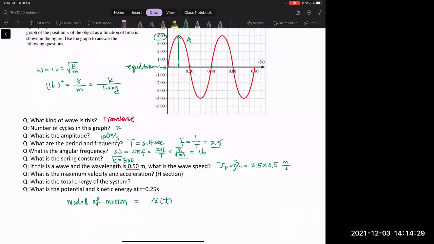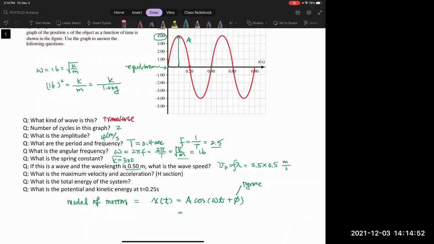This is the position. The position is going to be amplitude times cosine omega t plus some phase angle, and we're going to ignore it by assuming everything starts from the highest point at the beginning.